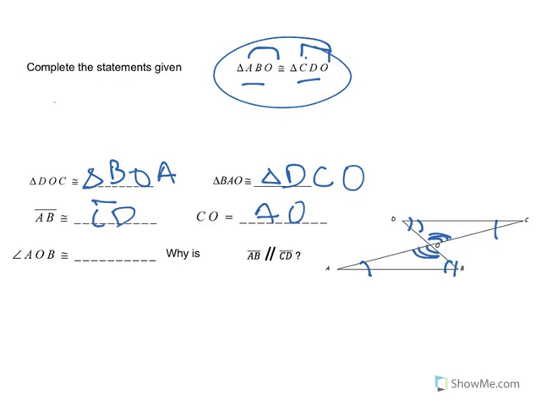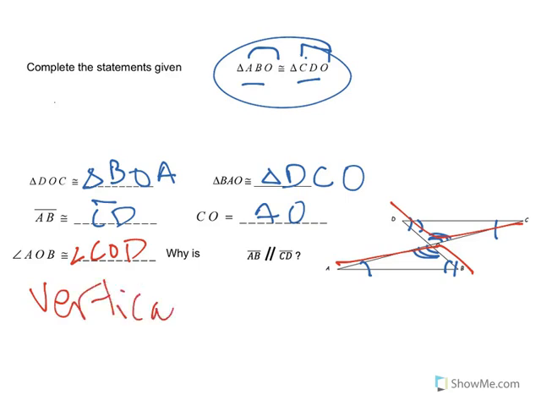And if we look at our drawing, let me change to red, angle AOB corresponds to angle COD, so angle COD is congruent. We learned from our previous example that these are called vertical angles, and vertical angles are always equal.